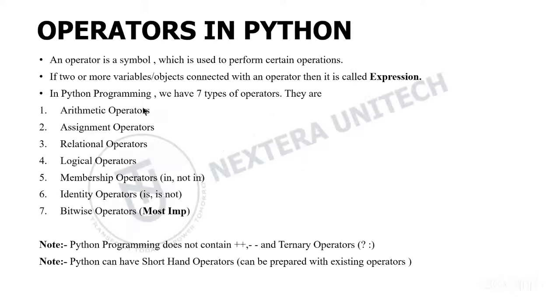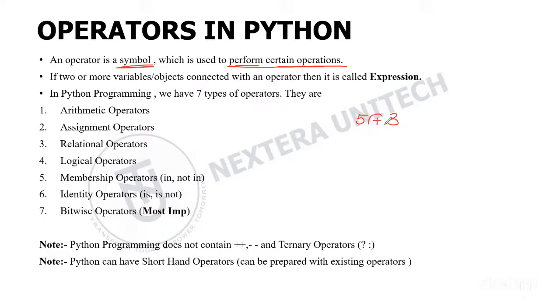Today we're going to learn something very important in programming, which are operators. So what are operators? In simple words, an operator is a symbol which is used to perform operations on data. These operators are nothing but symbols which are used to perform certain operations. For example, if we have 5 plus 3 in mathematics, we'll do addition, right?